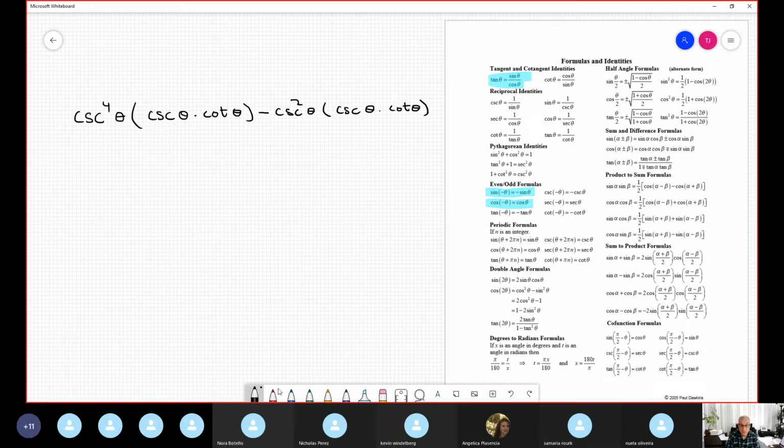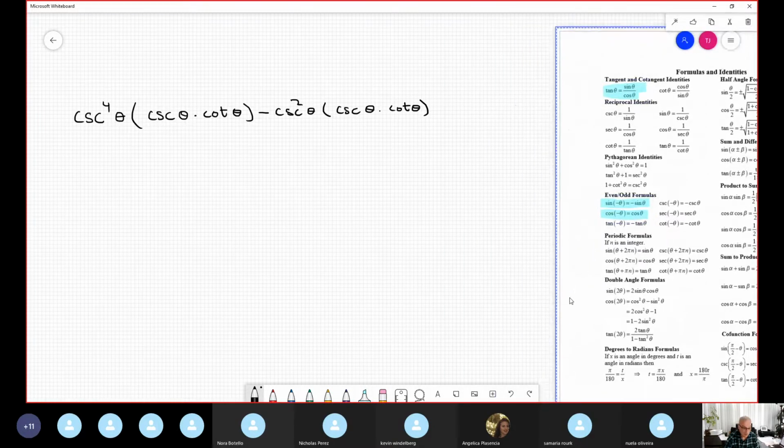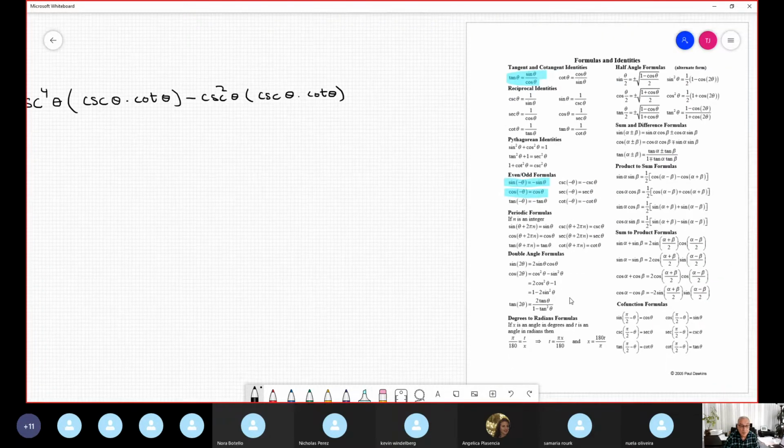It is equal to cosecant cubed theta times cotangent cubed theta. So prove this identity.